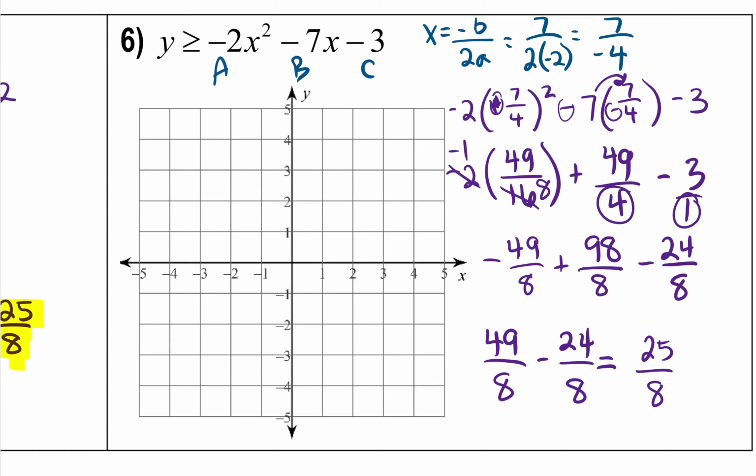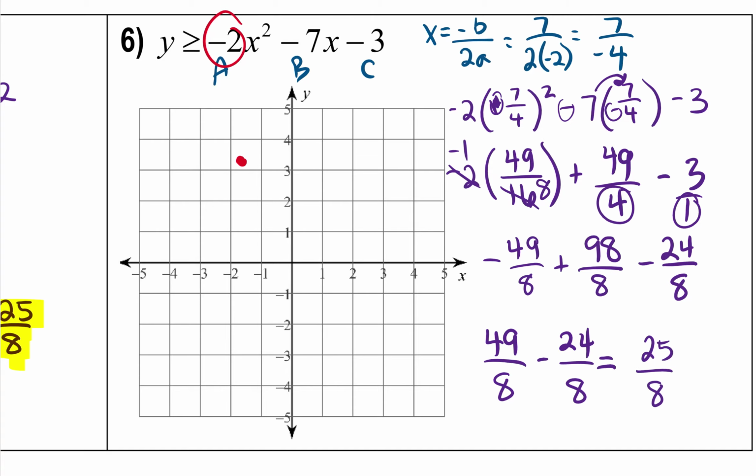So my x value is negative 7 over 4. Well, 4 goes into 7 not quite 2 times, so I'll be probably right here. And then 25 over 8, 8 goes into 25 just over 3, so I'm up here somewhere. And I'm going to use my quadratic pattern. Notice my a is negative 2, so I'm going to go down, but it's still the same 2 that I just had.